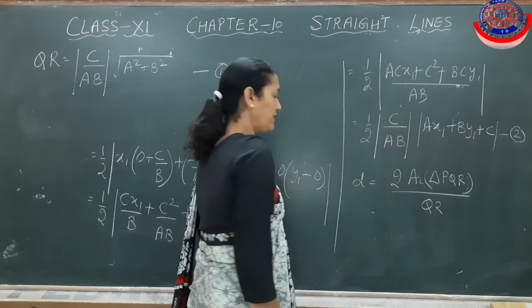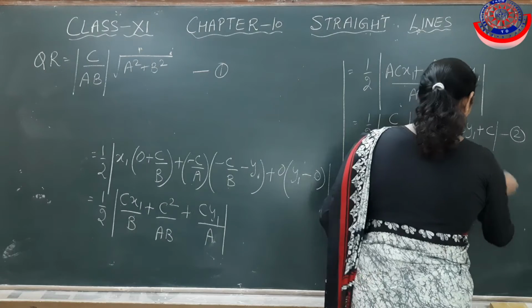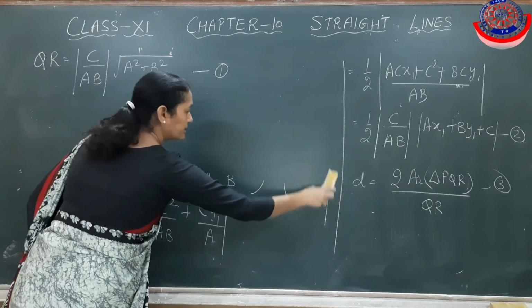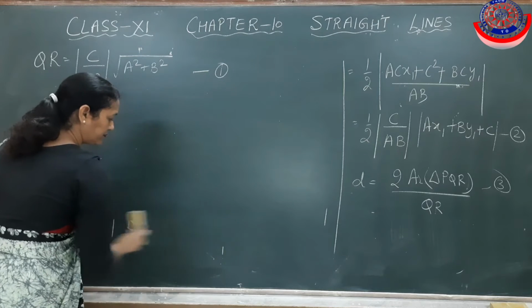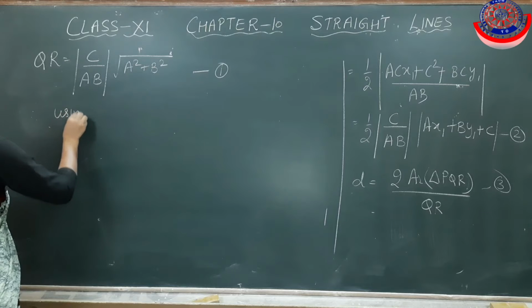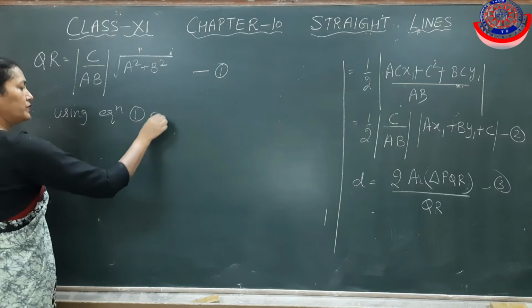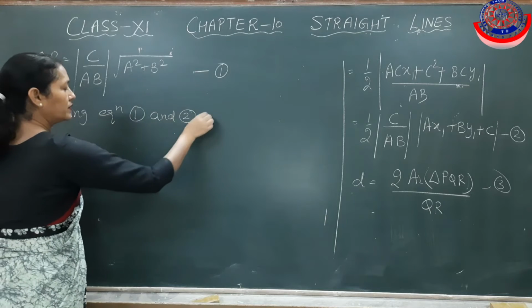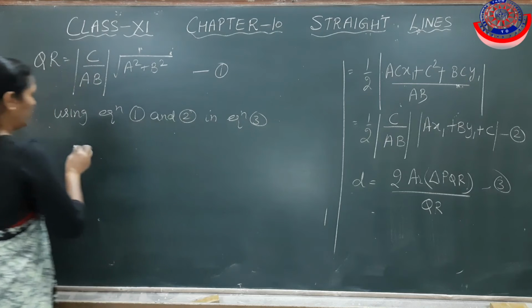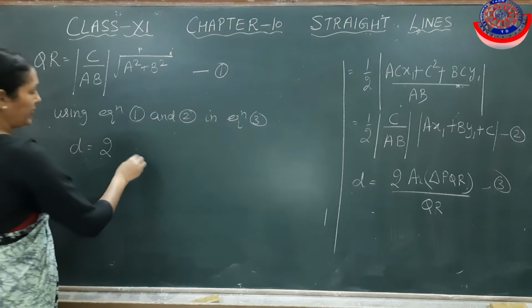So if we insert the values from equation 1 and 2 in equation 3, the perpendicular distance is 2 times area.